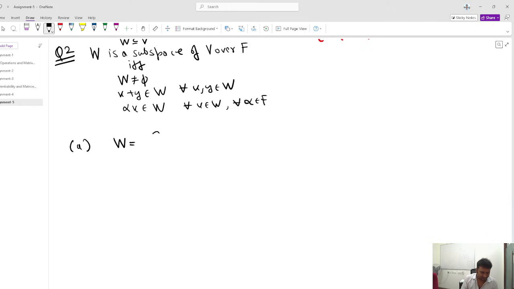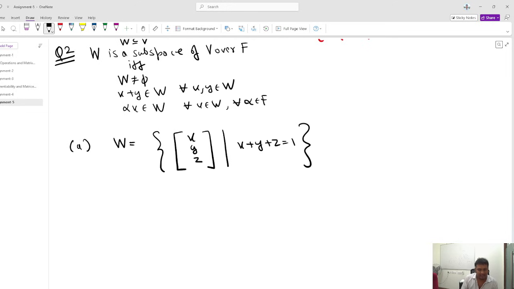W is equal to x, y, z such that x plus y plus z equals 1. Whenever no operation is given to you, you are regarding these as subsets of Rn, and Rn you are taking over the field of real numbers. So that is your vector space.